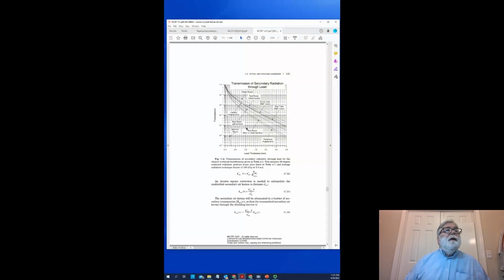So our B was 0.109, 0.11. So 0.1 right here. Here's our chest room. It's 0.1. So about 0.45 millimeters. This is the side wall. It needs only 0.45.